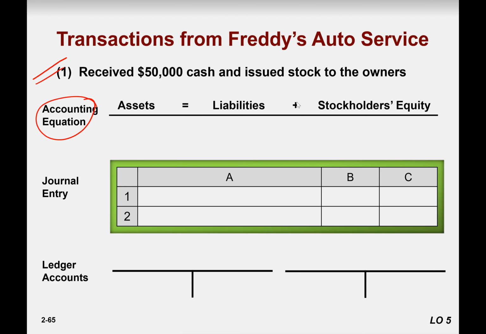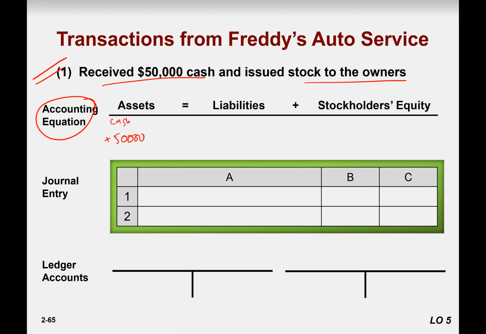So can you tell me about this transaction, how we are going to put in accounting equation? The $50,000 goes into assets. Right? So there would be a cash here, so we will write it down 50,000, right?